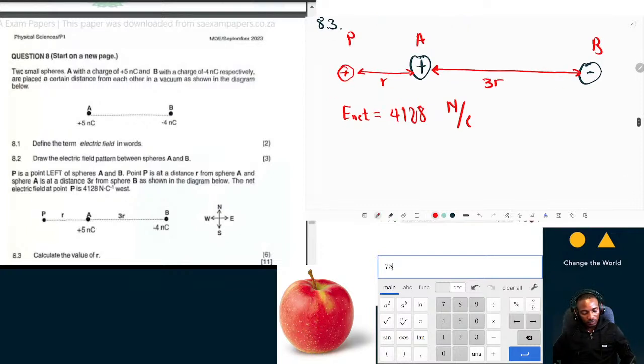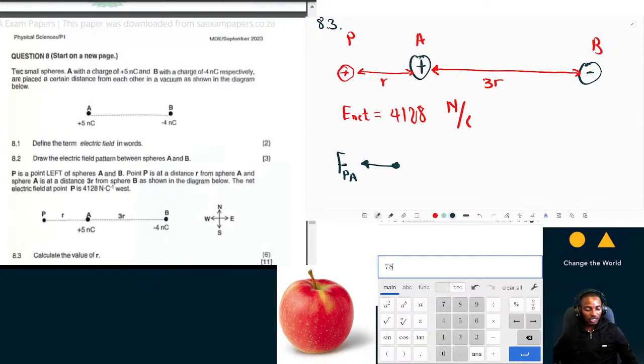So let me try a free body diagram. This is the test charge. The test charge is going to experience the electrostatic force. Let me write the diagram here so that I can give myself enough space. It's going to experience this force, the force PA, to the west.